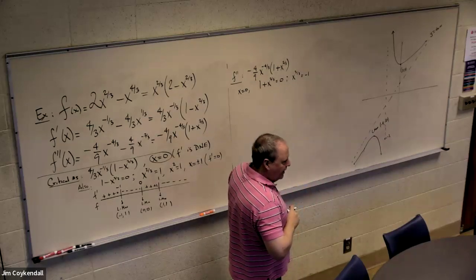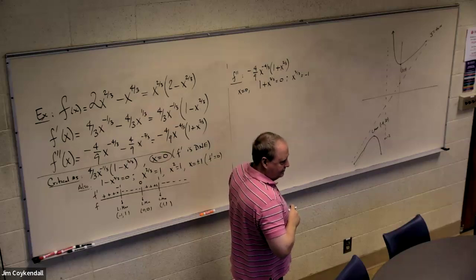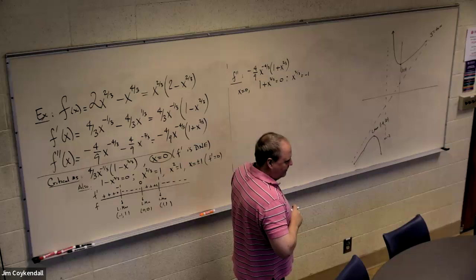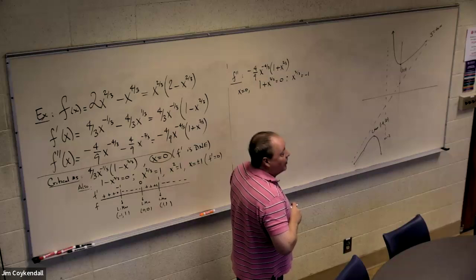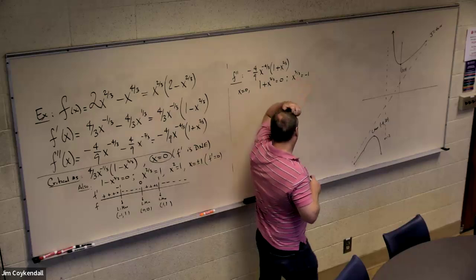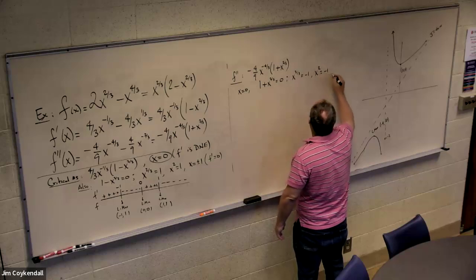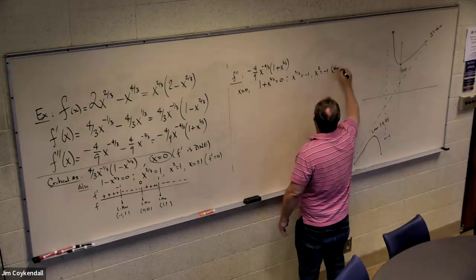So what are the solutions to that? There aren't any real solutions, because to solve this equation, of course, you can cube it again. The x squared is -1. No solution.